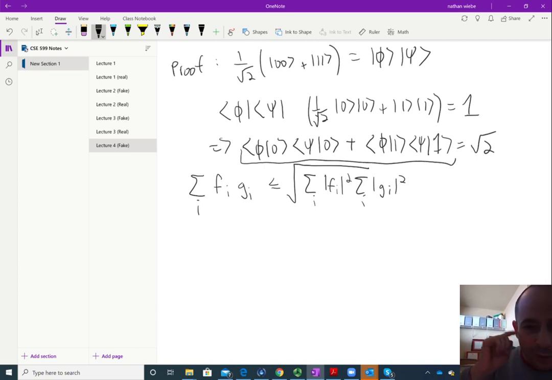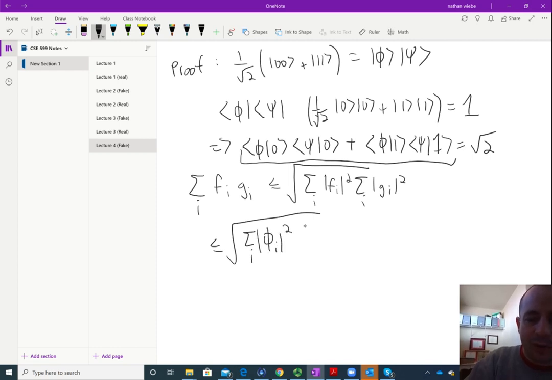And so this is less than or equal to the square root of the sum over i of phi_i absolute value squared times the sum over i of psi_i absolute value squared, where these are the coefficients of the quantum state vector.